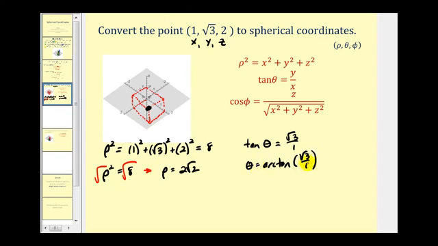Now this ratio should remind us of a 30, 60, 90 right triangle. This angle here would have a tangent ratio of square root 3 over 1. That's going to be a 60-degree angle, or pi over 3 radians.